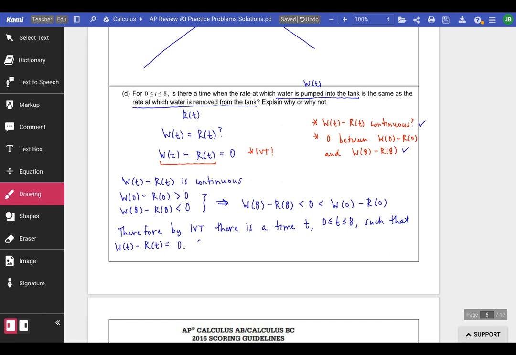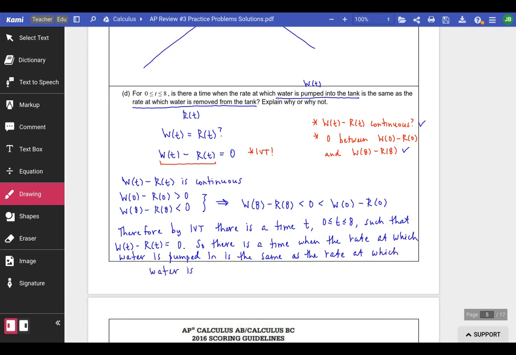So there is a time when the rate at which water is pumped in is the same as the rate at which water is removed.